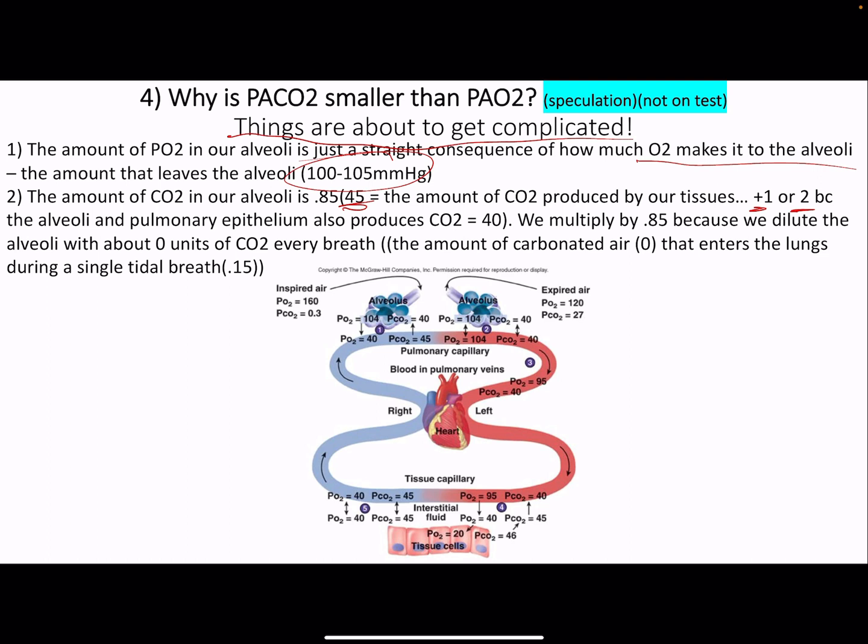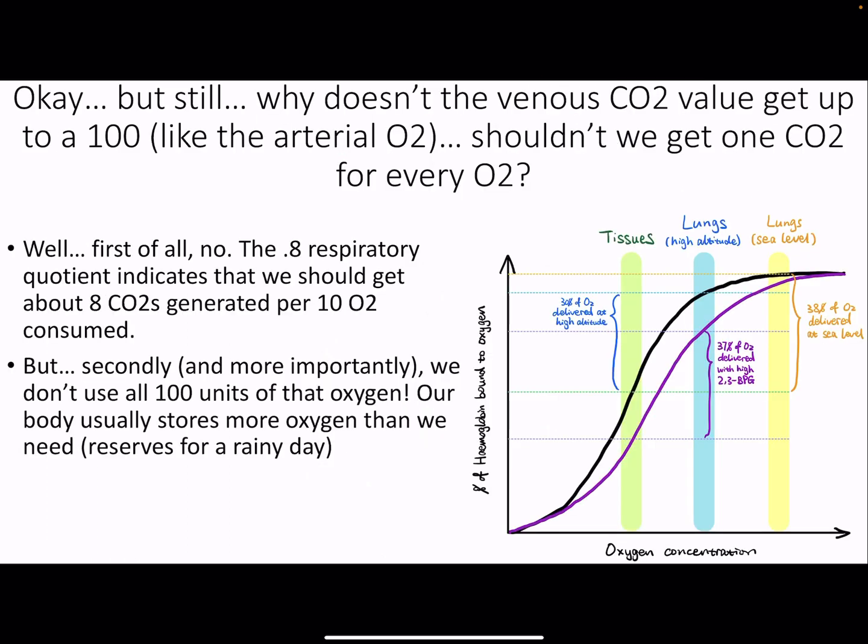Now this 0.85 is that we take into account that we are breathing out and we're breathing in air that has almost no CO2. So it's kind of like 0.85 times 47 plus 0.15 times 0 because there's no CO2, right? The amount we're looking at in the alveoli is an average. And so this 0.85 times 47 plus 0.15 times 0 is going to give us about 40. So that is like the average of the inhalation and the exhalation values.